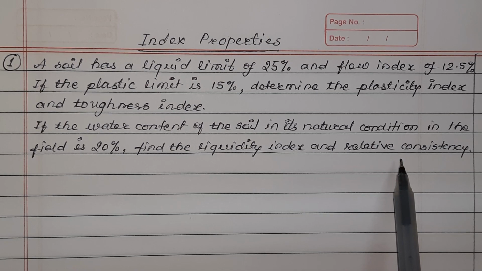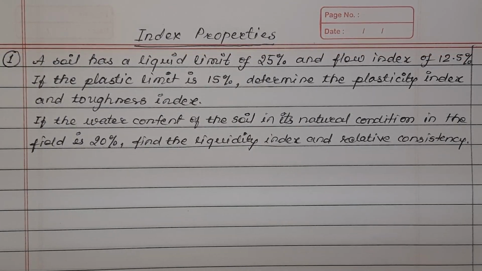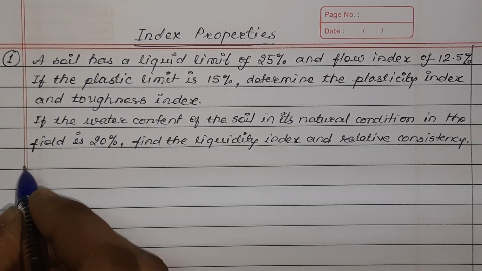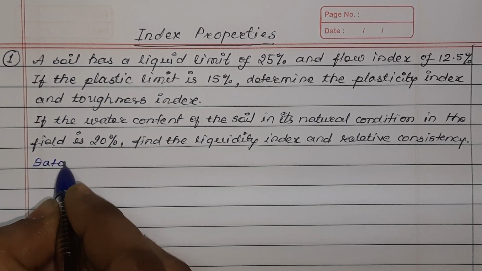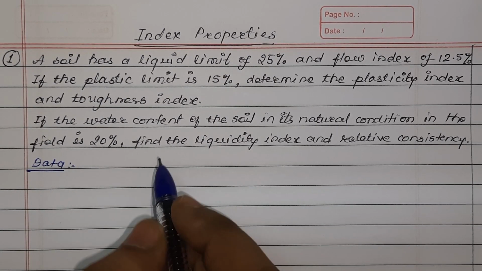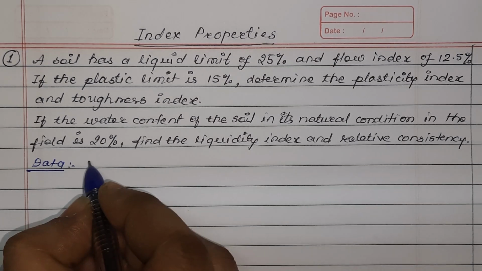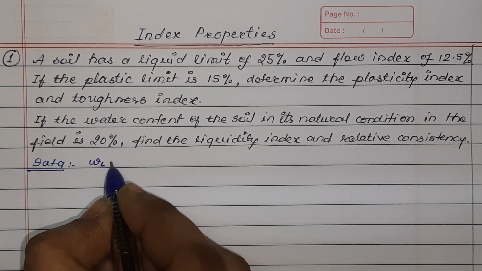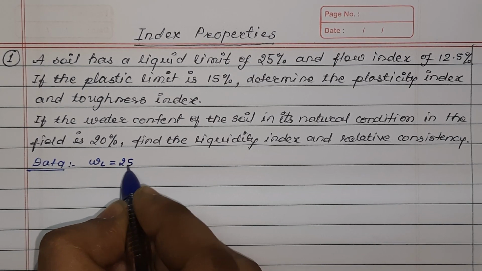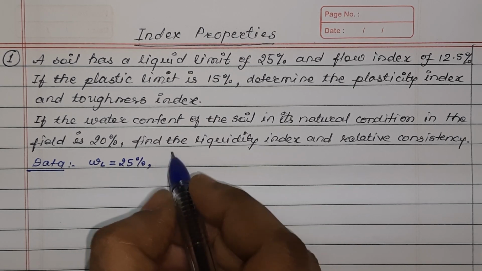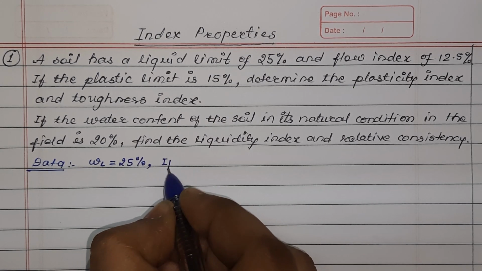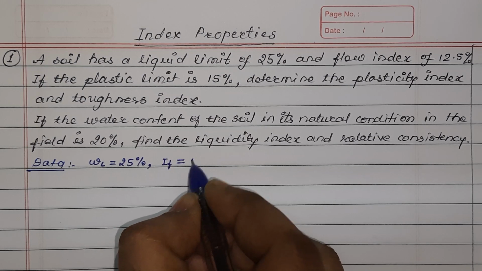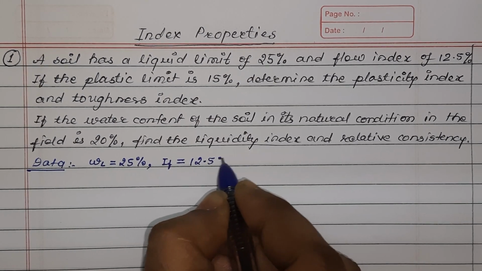Let us write down data. Here data is liquid limit of the soil, that is WL, 25%. Thereafter flow index IF, which is 12.5%.